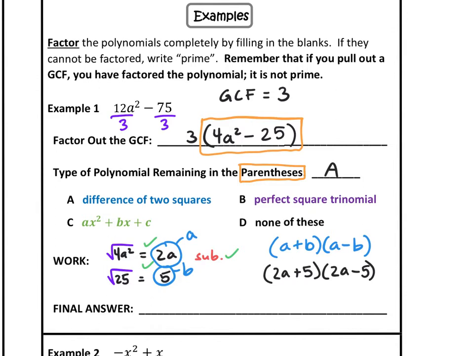And so again, keep in mind that this is only the orange section. So my final answer has to have the GCF in the front, right? So it has to have a 3 in front. So I'm going to put a 3 in front. So my final answer is going to be 3 parentheses 2A plus 5 parentheses 2A minus 5.